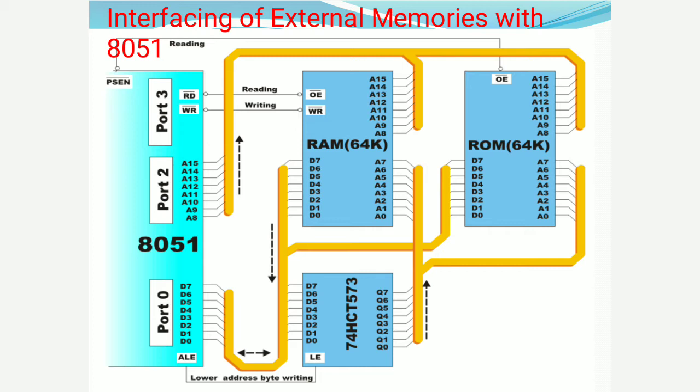So starting from internal and ending on whatever the size is connected as an external ROM, it will access, but through internal only when EA bar is connected to the VCC.